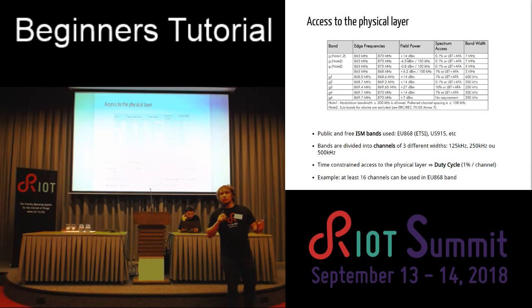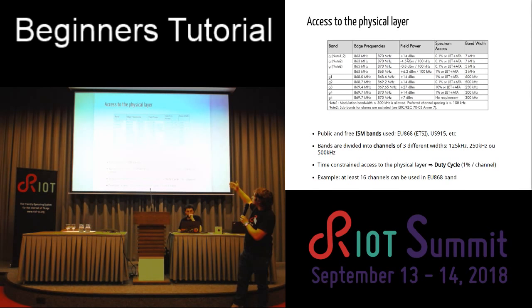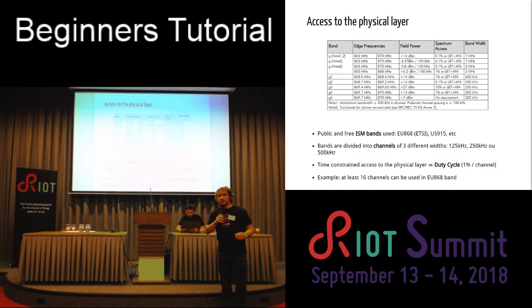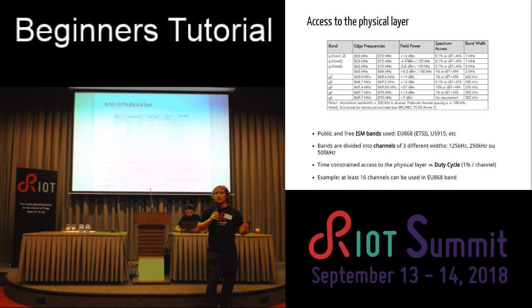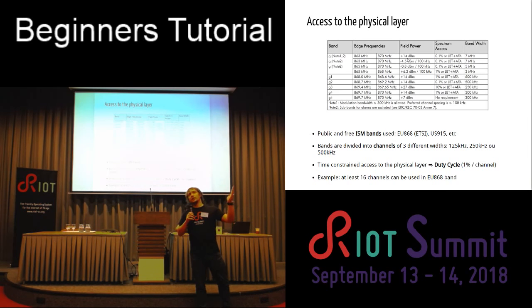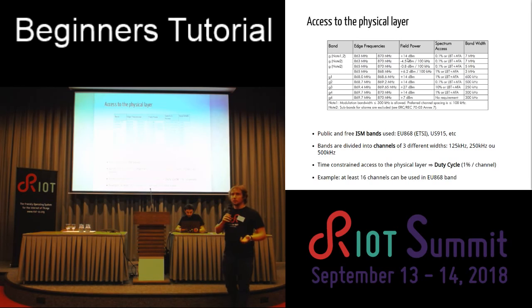That means we have to respect our duty cycle. For instance, here we can see the duty cycles of the different bands. Usually it's 1%, but we can have 0.1 or 10%. That means, for instance, if we have a 1% restriction on duty cycle, if we send a packet that sends for 1 second, then we have to wait another 99 seconds before sending again. Otherwise, we're not respecting the LoRaWAN regulations.